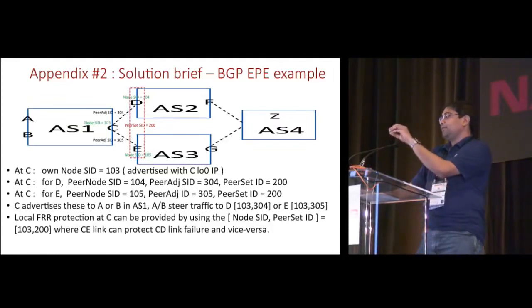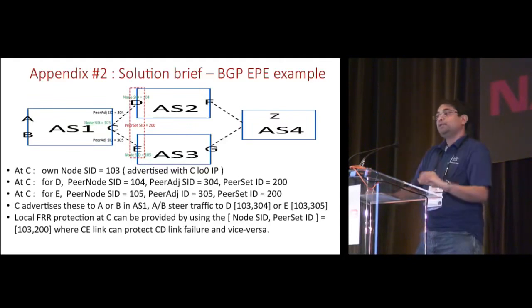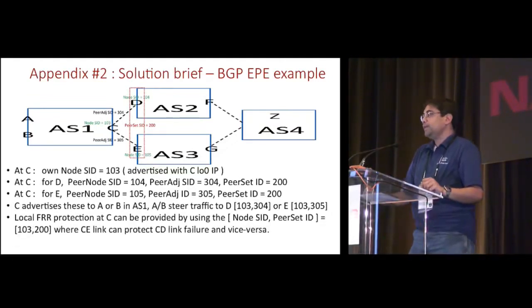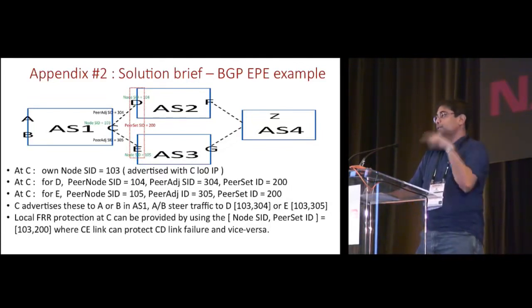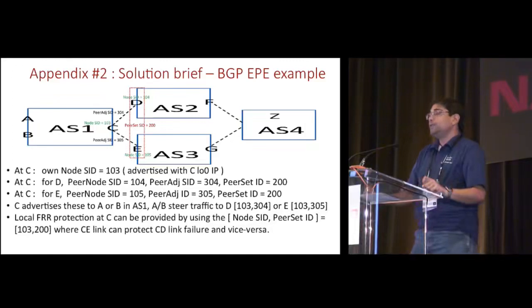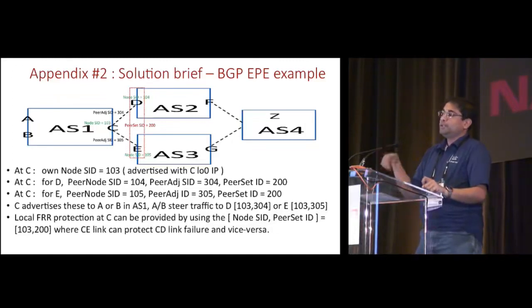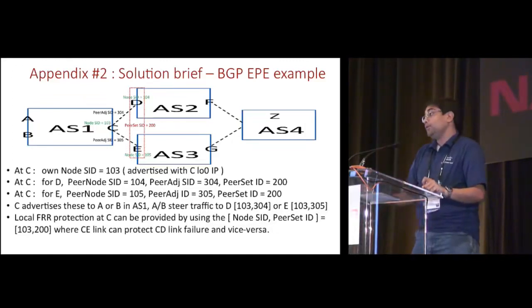If we give a certain ID to the adjacencies from C to D or C to E, in this case 304 and 305, then you can tell A or B exactly which path to take. You go to C first via its node SID, and then go either towards D or towards E, or you can even have both of them combined into something called a peer set SID.